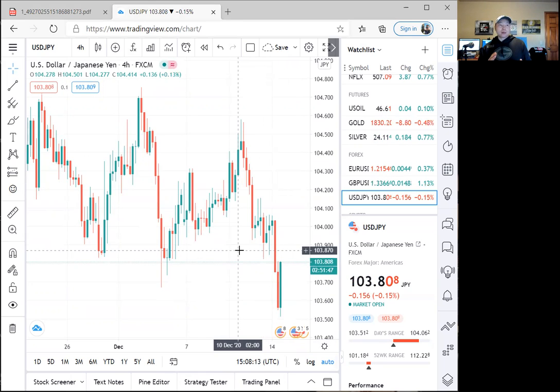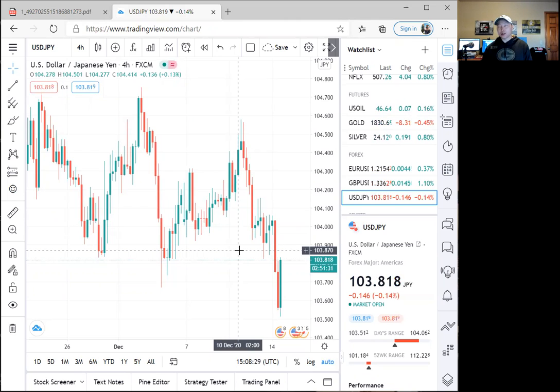Now, why the 4 hour? The 4 hour breaks it down to a much better scale of swinging versus the daily and the weekly. With the daily and weekly candles, you have to have a lot more patience.